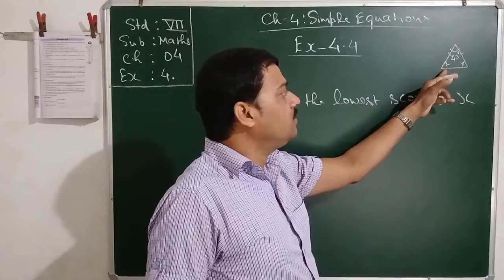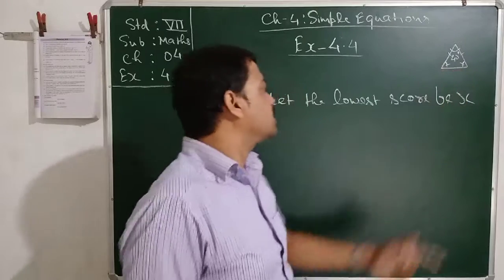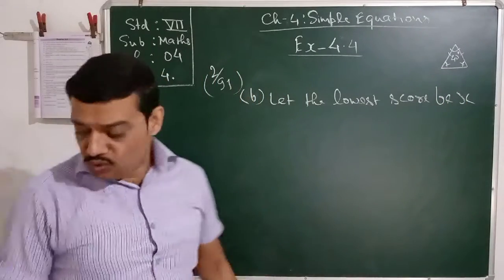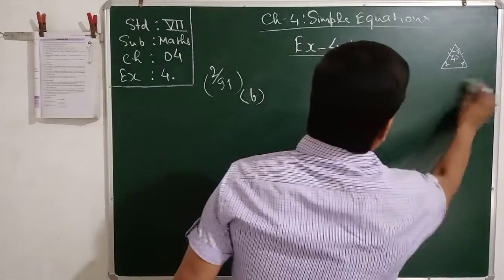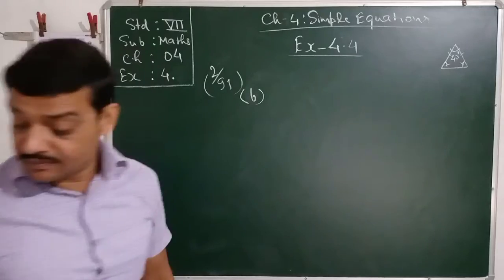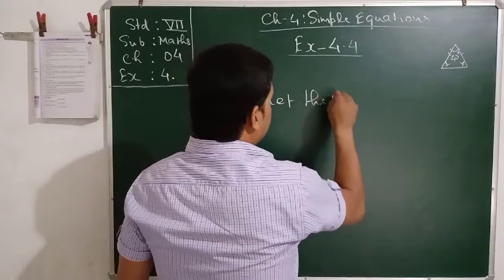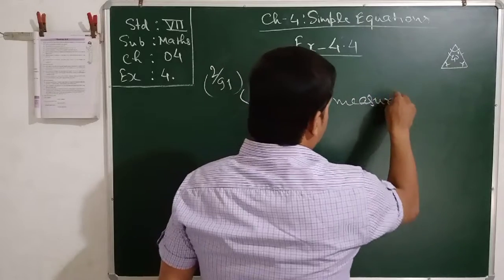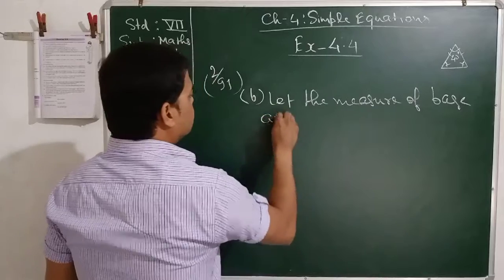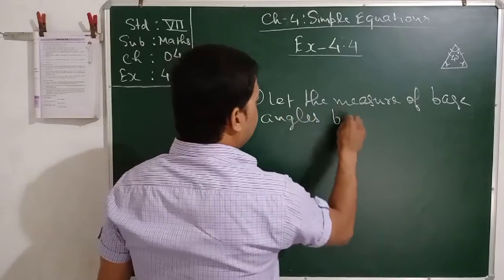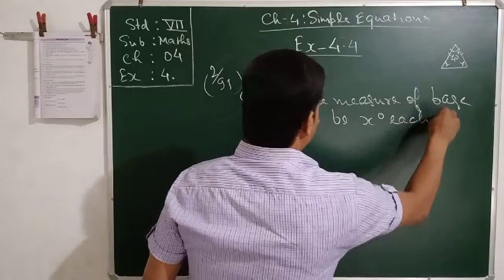Let the lowest score be x will not be applicable here. We need to write here: let the measure of the base angles be x degrees each.